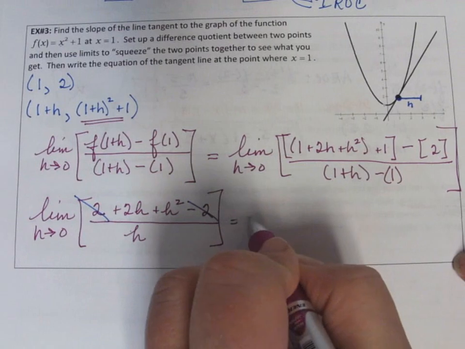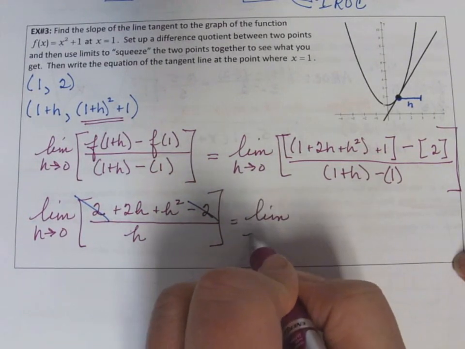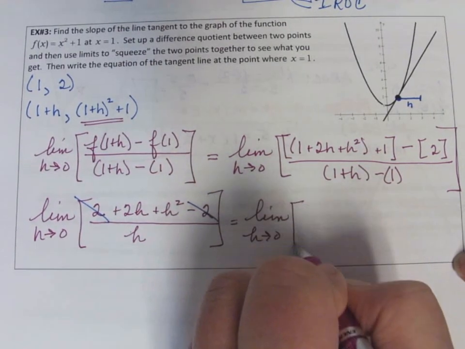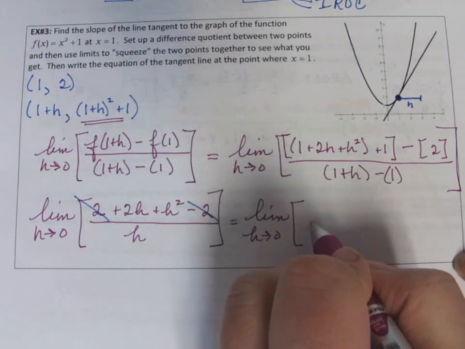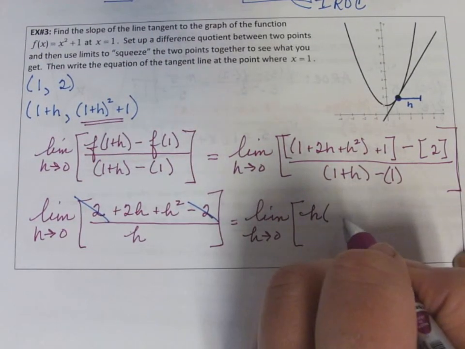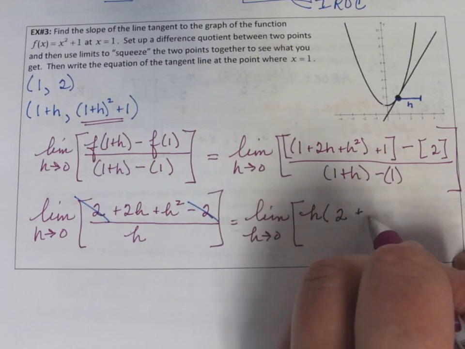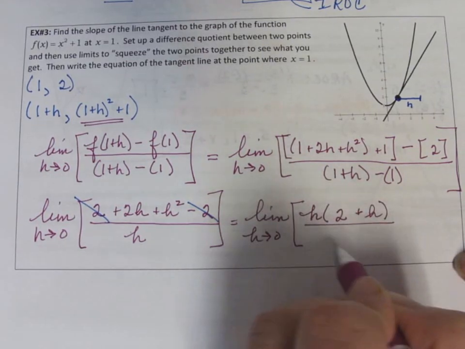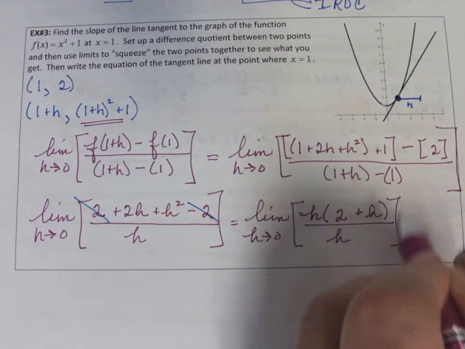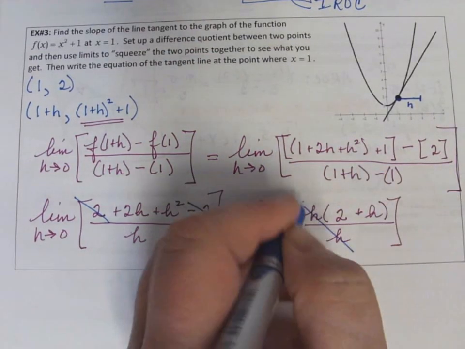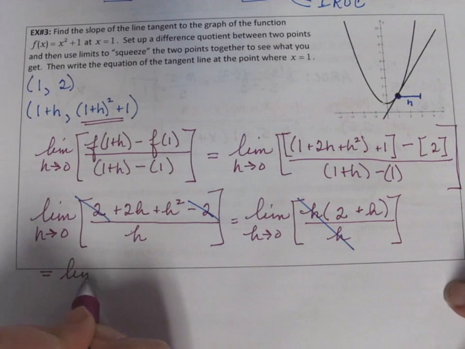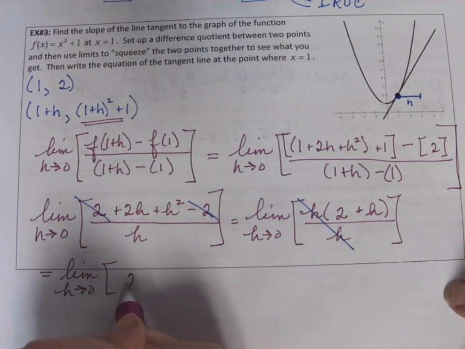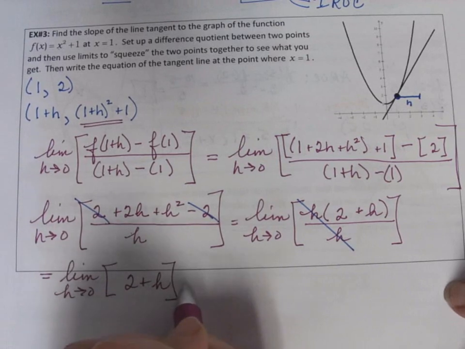So then I have the limit as h goes to 0. And I've got h's in common on the numerator, so I'm going to pull an h out. That leaves me with 2 plus h, and then in the denominator, I have an h, which means I can cancel those out, which leaves me with the limit as h approaches 0 of 2 plus h.